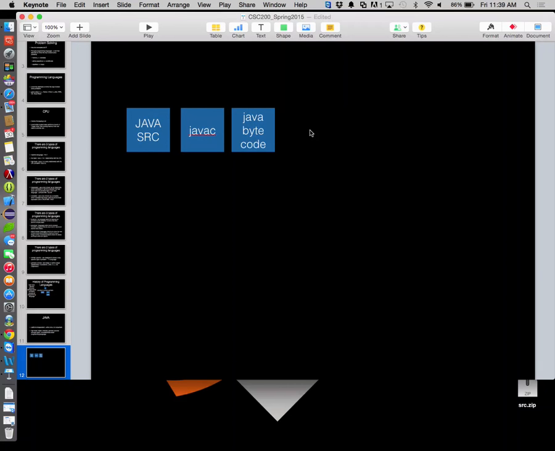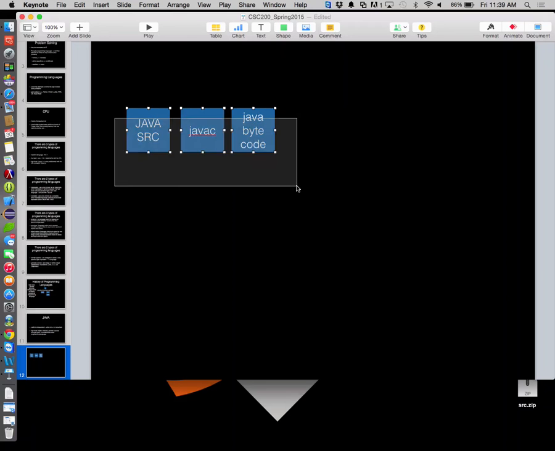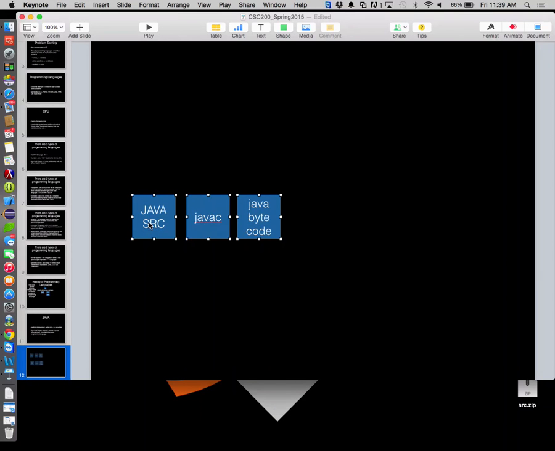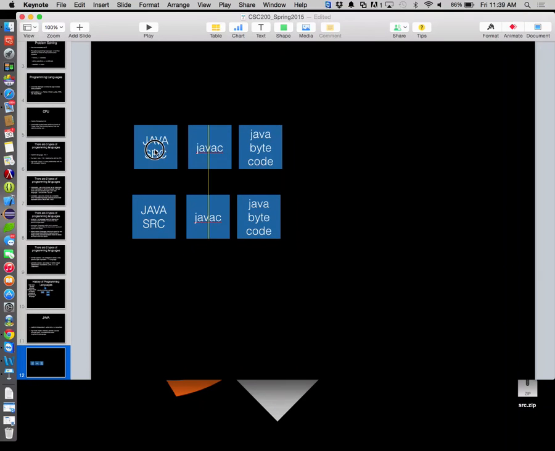Now, in an older language, like C++, we would have our C++ source. We'd run it through our C compiler. This is the GNU C compiler. Actually, the one for C++ is called G++. So that's the GNU C compiler, whatever. These guys are both compilers. And this would produce assembly.